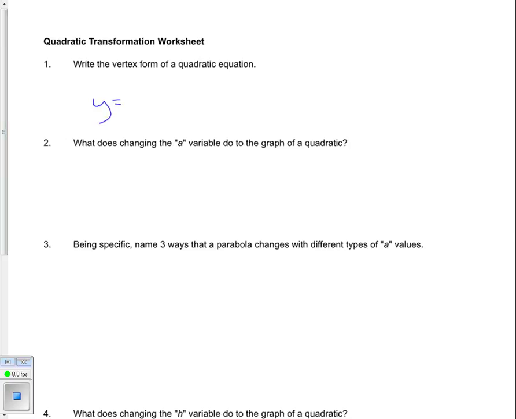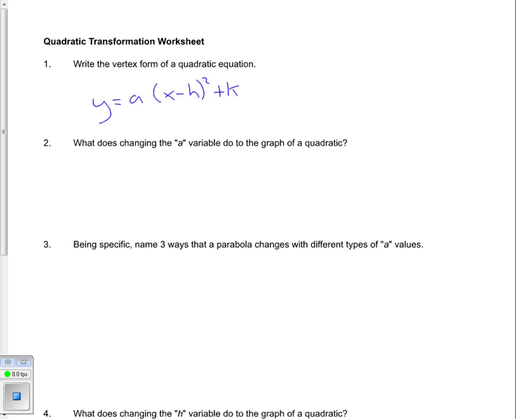So the vertex form of a quadratic equation is y is equal to a times, in brackets, x minus h, all squared, plus k. Okay. So number 2 says, what does changing the a variable do to the graph of a quadratic?